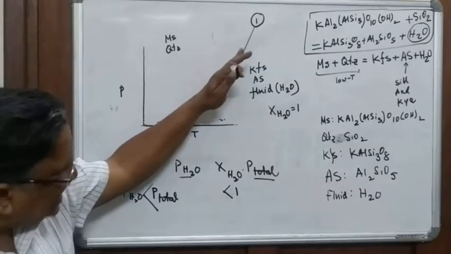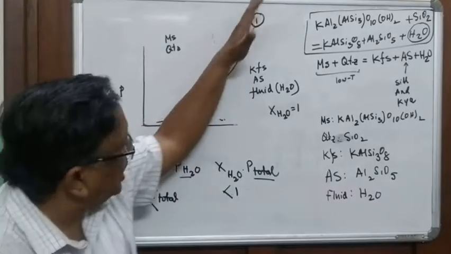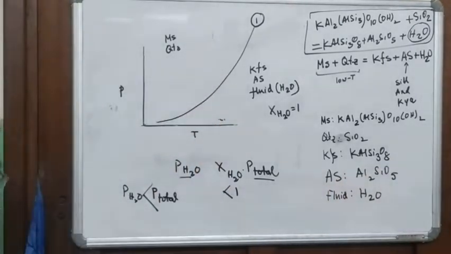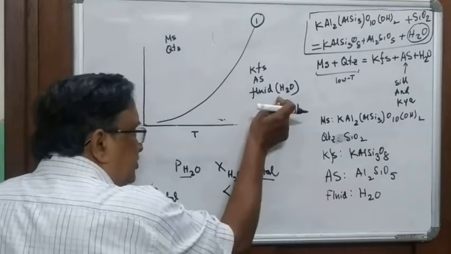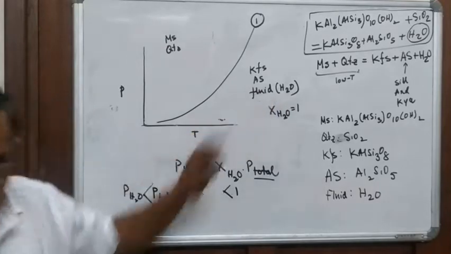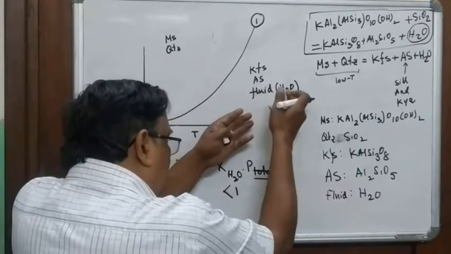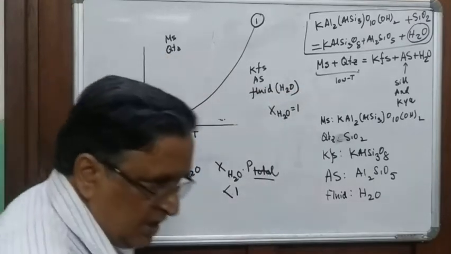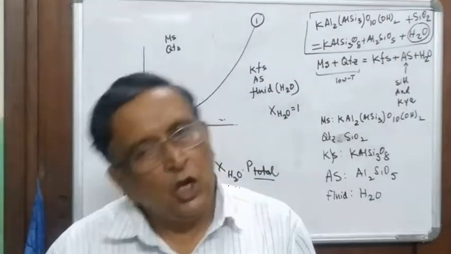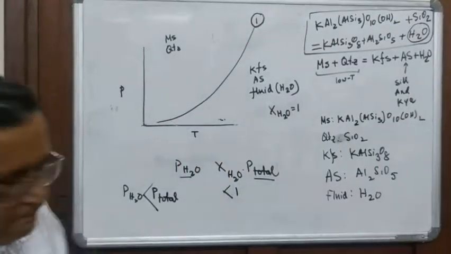The PT locus of the reaction would shift to the left, in a direction opposite to where H2O occurs. So the reaction will move in a direction opposite to where the fluid H2O occurs. This comes from Le Chatelier's principle, which you studied in school, or the law of mass action. Please read it up.